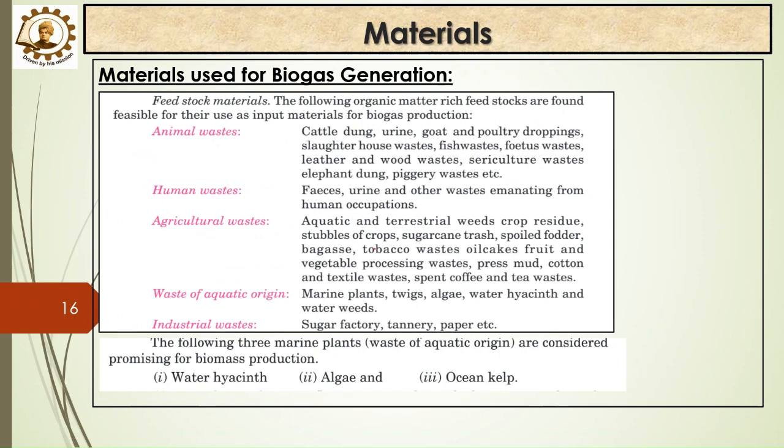We also have waste of aquatic origin like marine plants, twigs, and certain industrial waste from sugar factories, tanneries, paper factories, etc. The three marine plants basically used for biogas generation are water hyacinth, algae, and ocean kelp. So if we get a question on what materials are used for biogas generation, we have to give details about all these important materials.